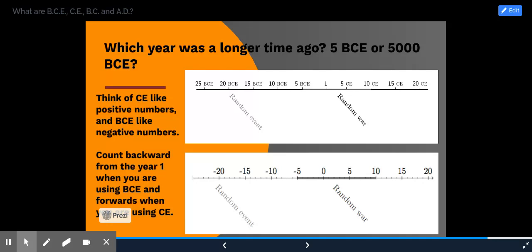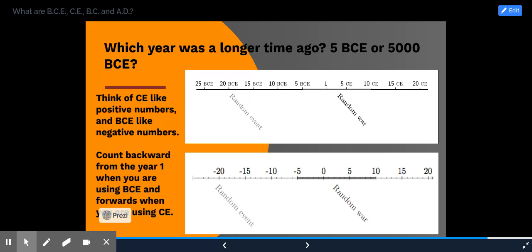Okay, so if we were counting, we would count backward from the year 1 when you are using BCE and forwards when you are using CE. So if you look at the first timeline, again, we have 1, and if we were going to the right, which is the Common Era, so if we were counting up to 2020, it would be 5, 10, 15, 20, and so on.